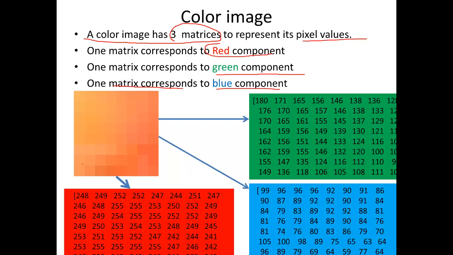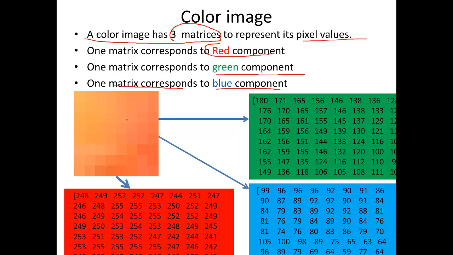For example, this is an image. If we zoom in, you will see the small rectangle there. So each small rectangle is a pixel. Because this is a color image, for each rectangle, we have three values. One value means the red. The second value is green. The third value is blue.